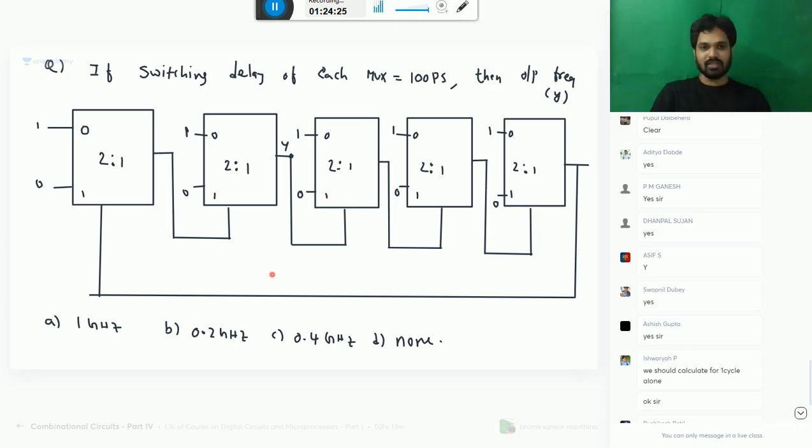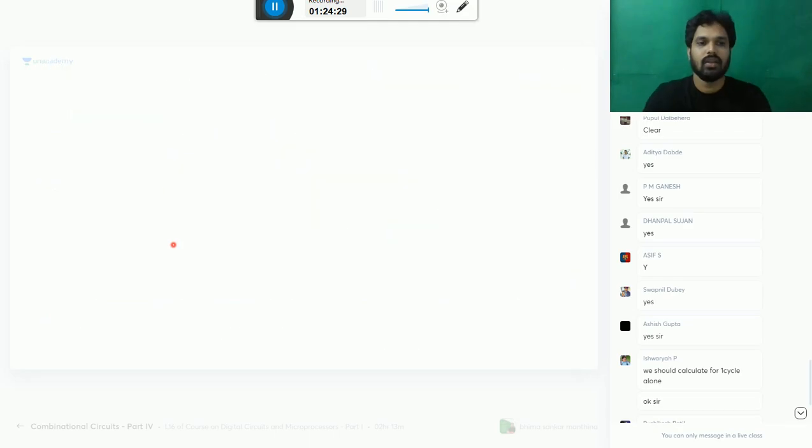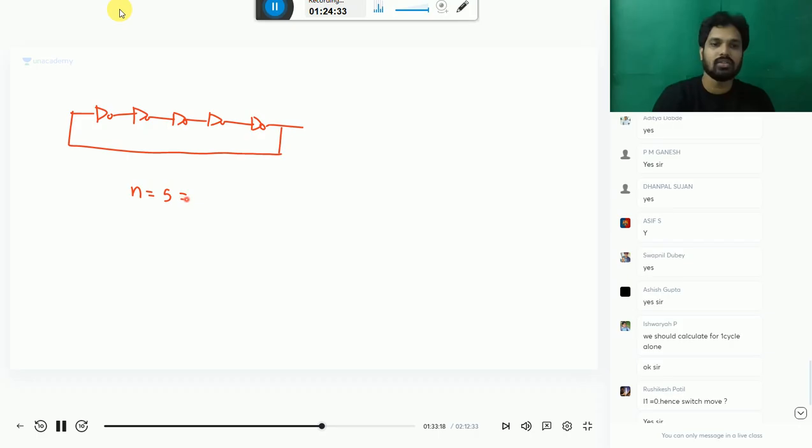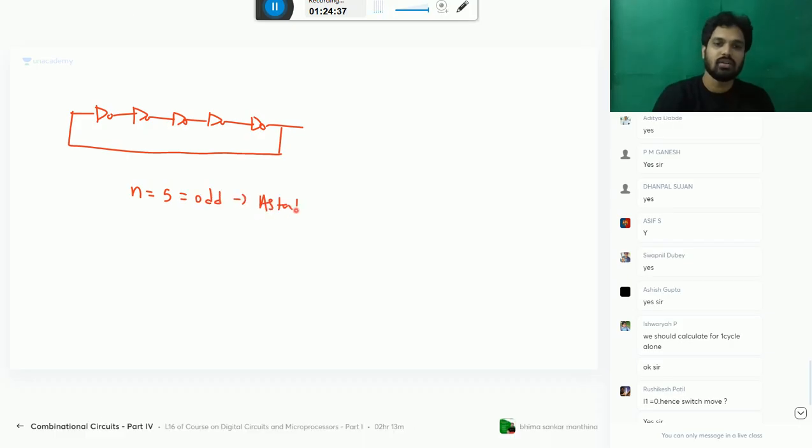Now you tell me, what is this circuit? It is nothing but when n equal to 5, it is odd. It is astable. Then what is the time period of the clock?